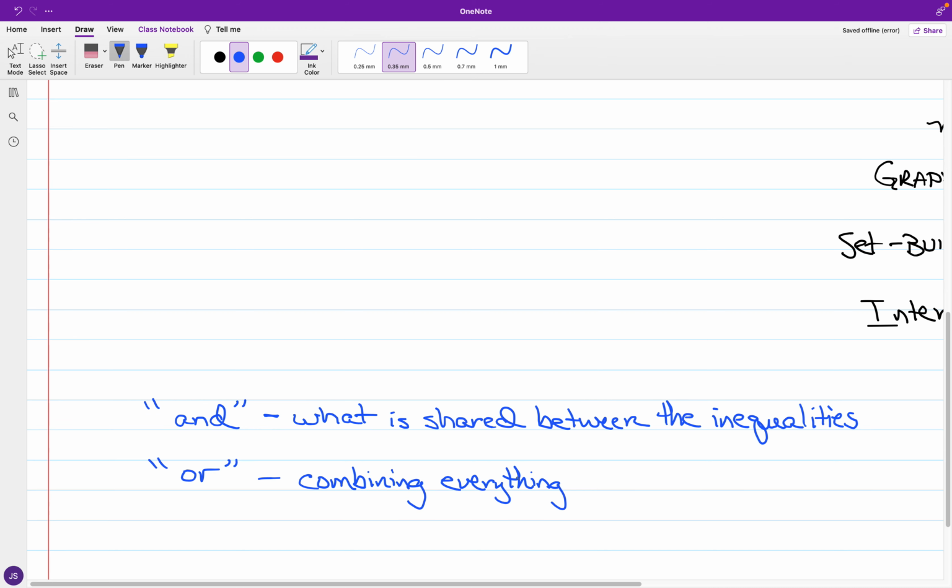We're talking about everything, regardless of whether the elements are shared or not, from the inequalities.